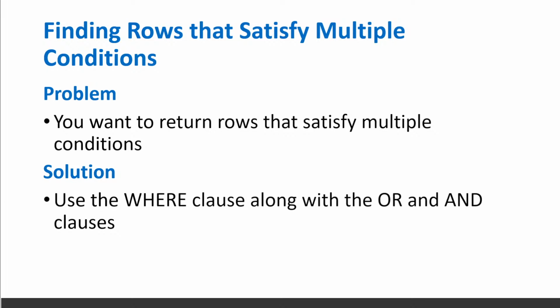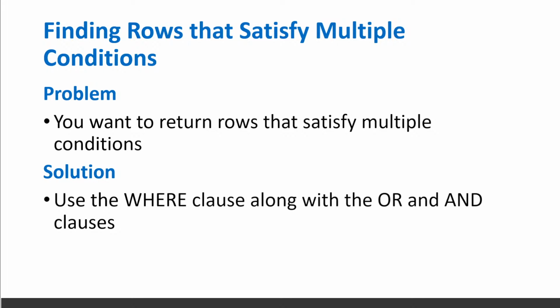But we can write an or or an and clause to bring in there. If I write an or clause, either part 1 or part 2 can be true to make the clause true and return their record to my results.